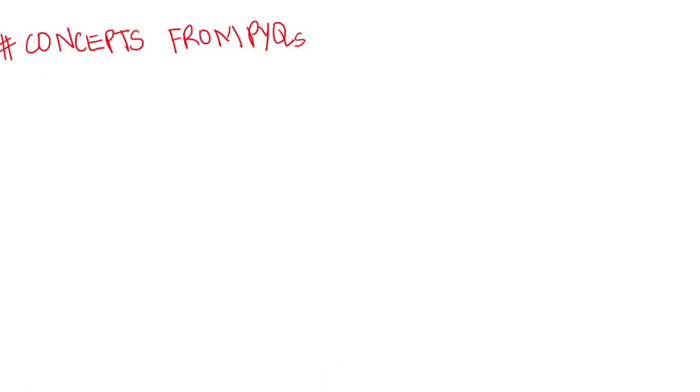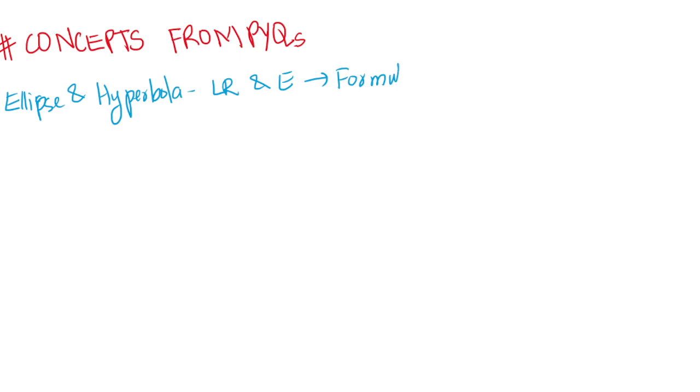So the concept learned from the first question is ellipse and hyperbolas, latus rectums and eccentricity formula. Latus rectum is 2b square by a.